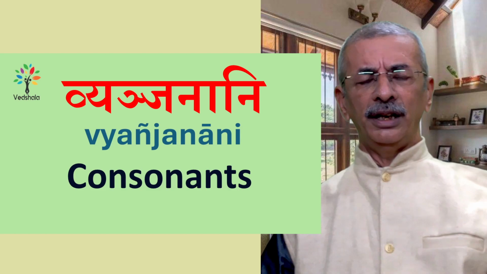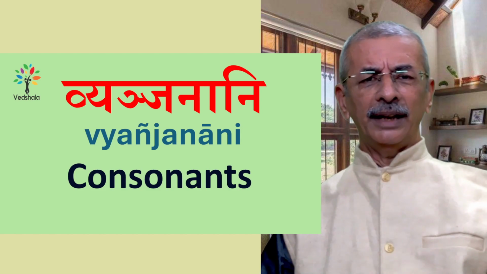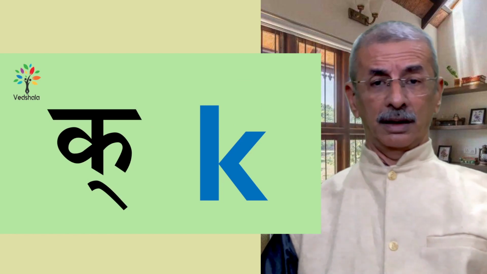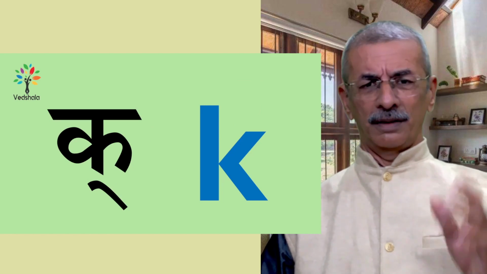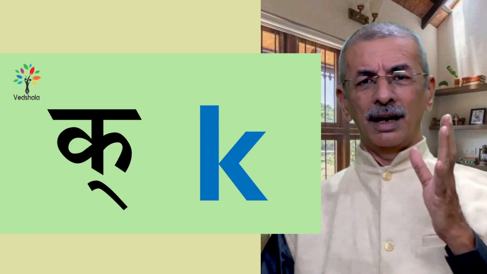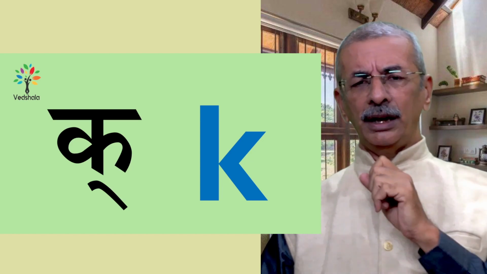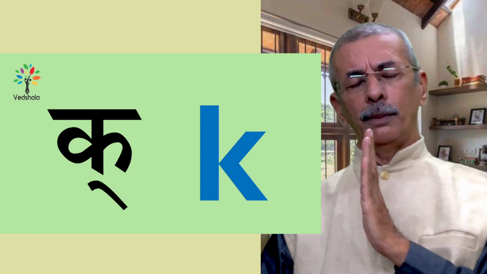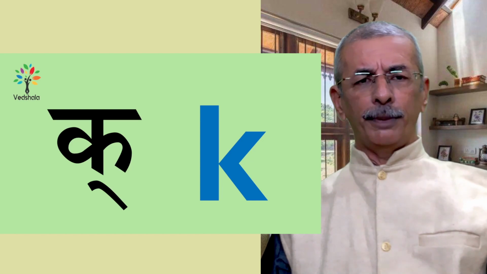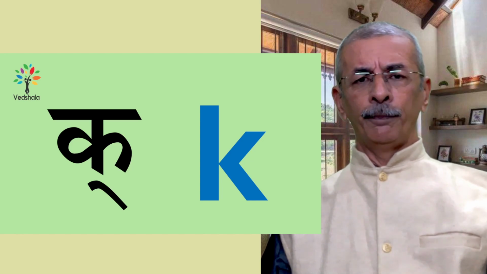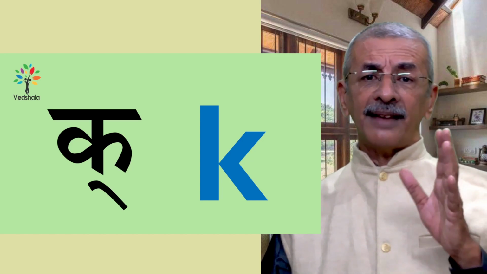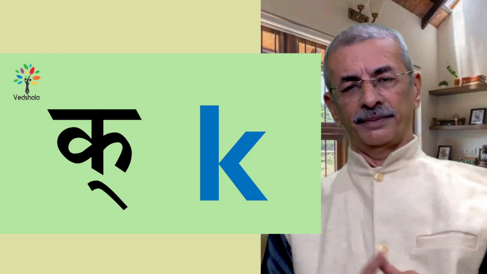Now in Vyanjanani, you will find alphabets like K. How is it pronounced? K. Now in Devanagari, you see a stroke below the alphabet. This stroke below the alphabet indicates that this alphabet is half.